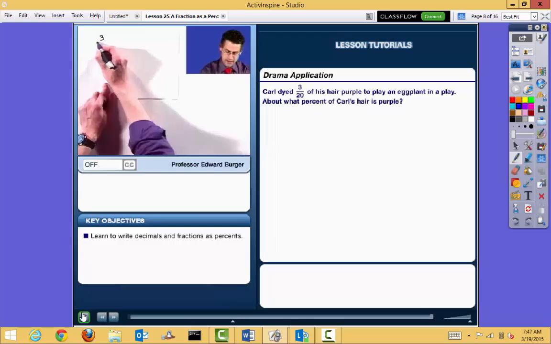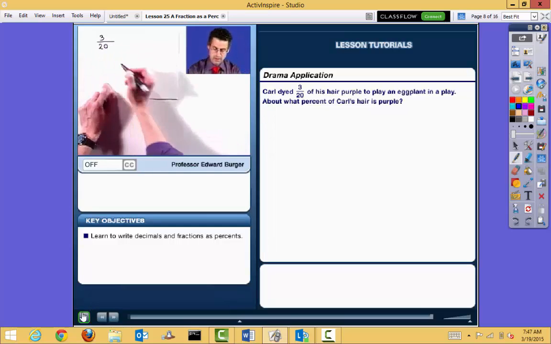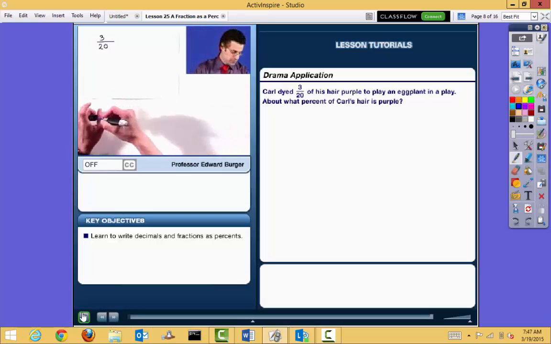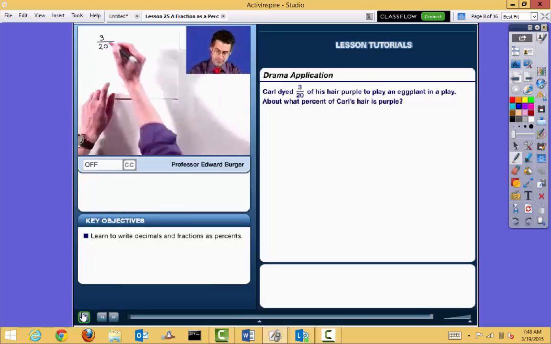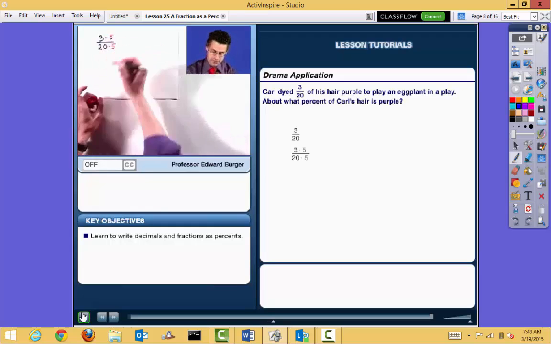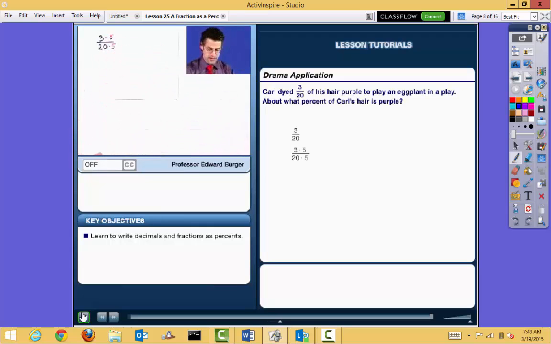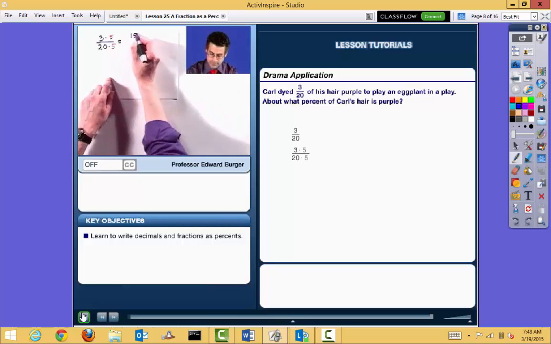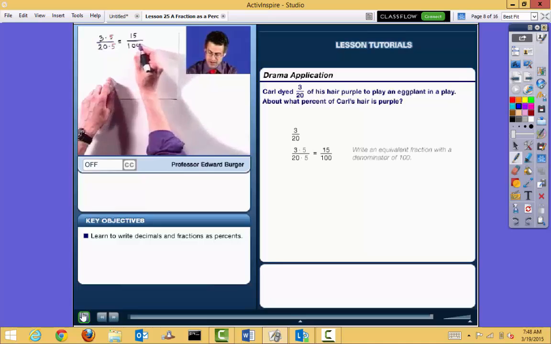So 3/20, actually there's a neat trick I can do here, and the neat trick would be to multiply the top and the bottom by 5. It doesn't change the fraction, it's equivalent to the original 3/20, but now the top is 15, but the bottom is 100.